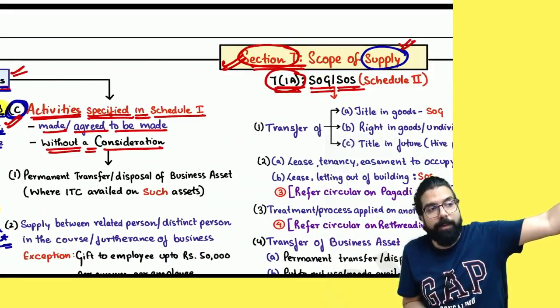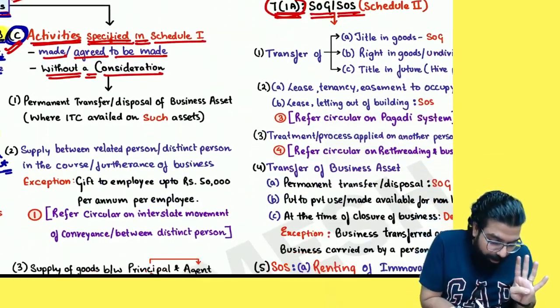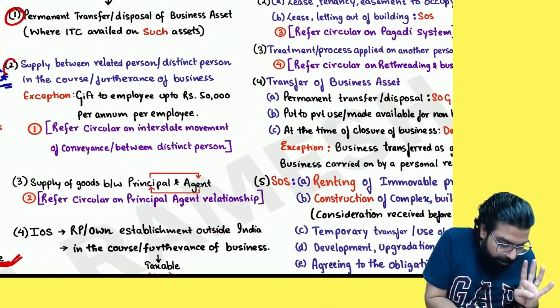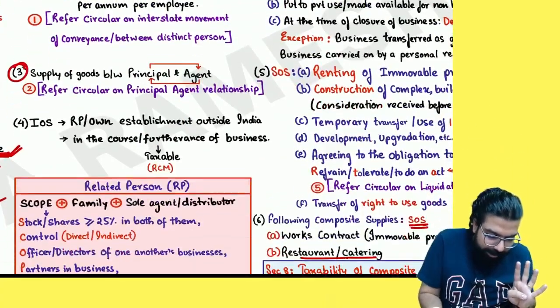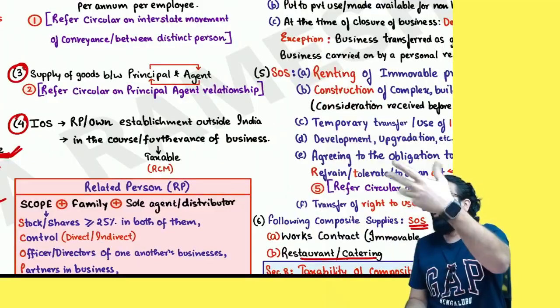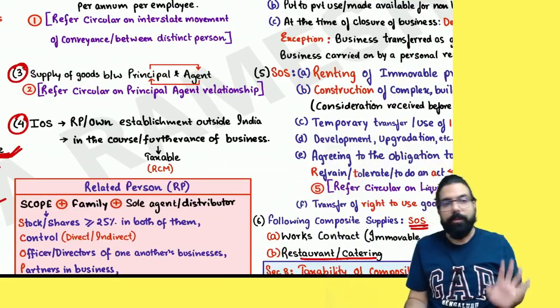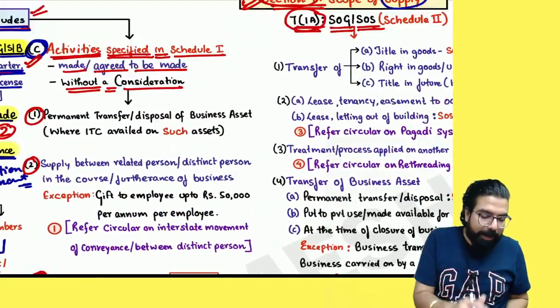In Schedule 1, we have given how many activities? 4 activities. These 4 activities, if you do without consideration, then also it will be a supply. Are we clear, everyone? What are the 4 activities?